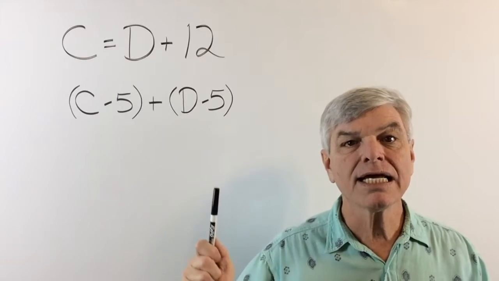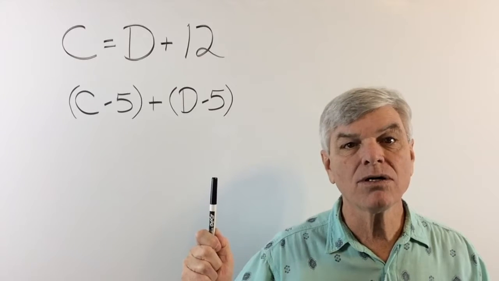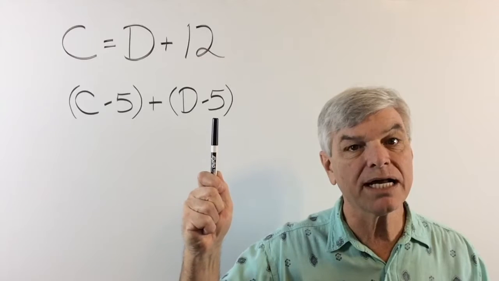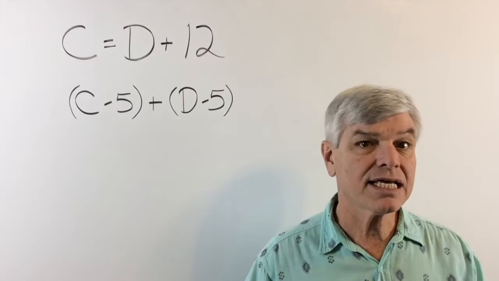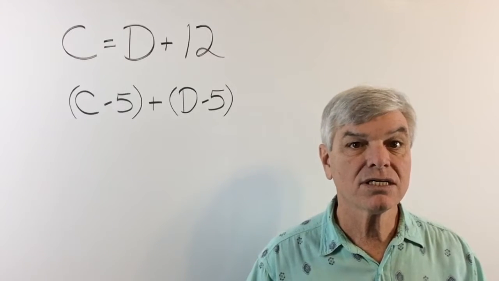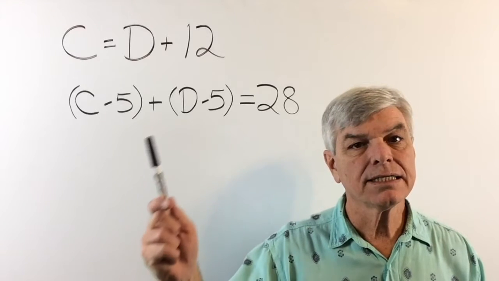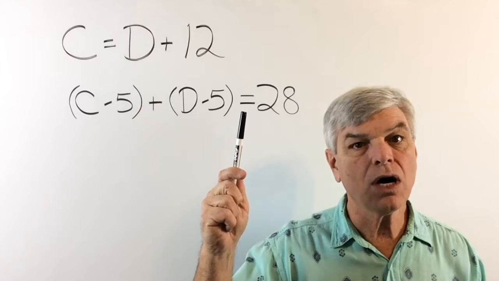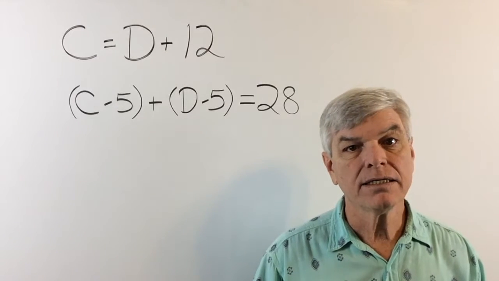David, right now his age is D. 5 years ago it was D minus 5. And it said the sum of their ages was, which is the same word as is, so it means equals 28.